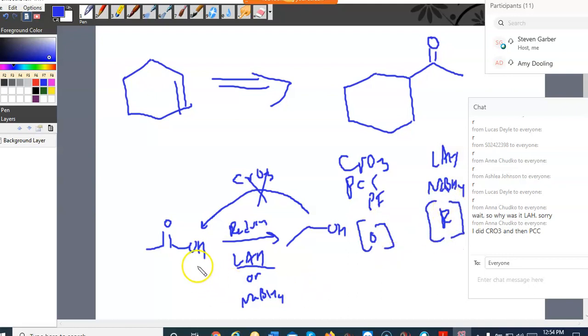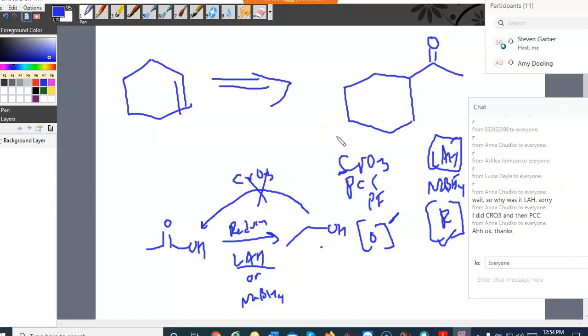So to go from an acid to an alcohol, I am reducing. So I got to use one of these reagents. But in this case, since it's an acid, I got to use LAH. If I was going the other way, from alcohol to the acid, then I'm oxidizing it. So then I would use that CrO3. Right? Does that make sense?